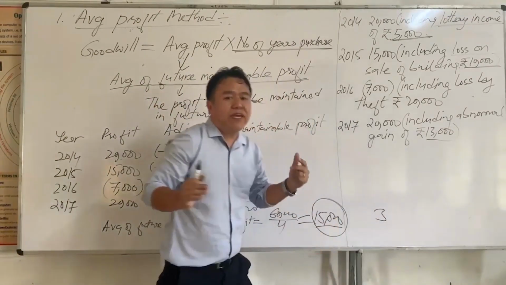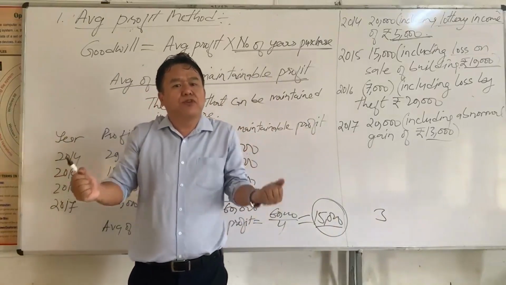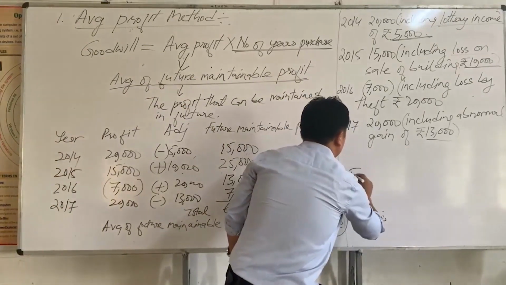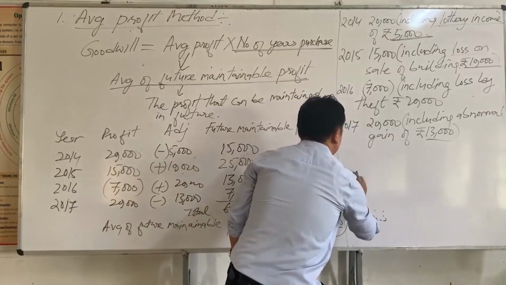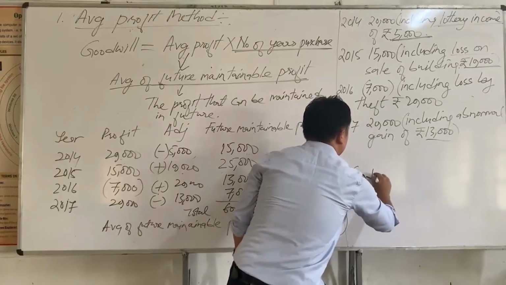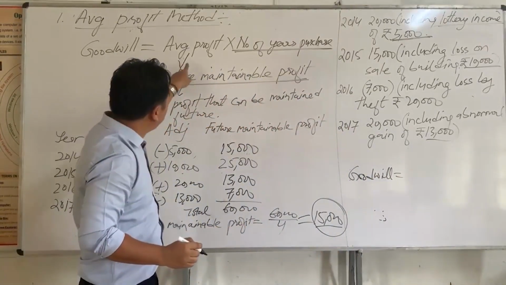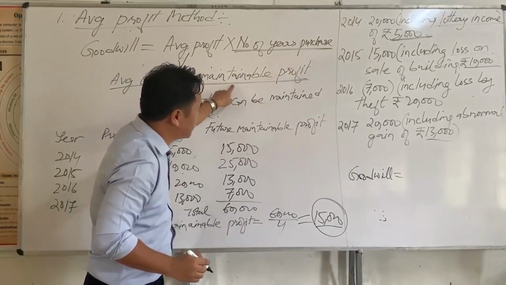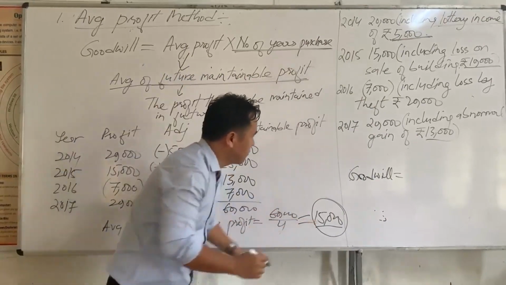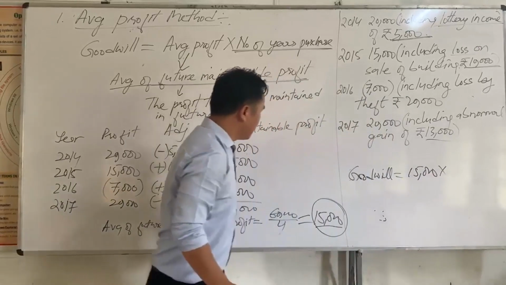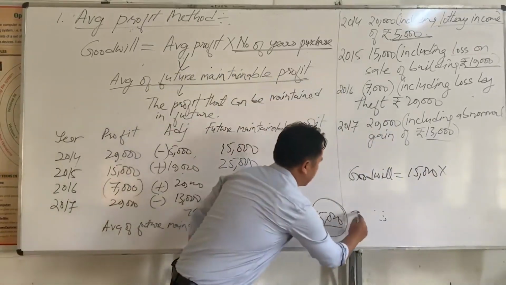So here we can calculate firm's goodwill. So what is the formula of firm's goodwill? Goodwill is equal to average maintainable profit. What is average maintainable profit? 15,000 multiplied by number of years purchase.